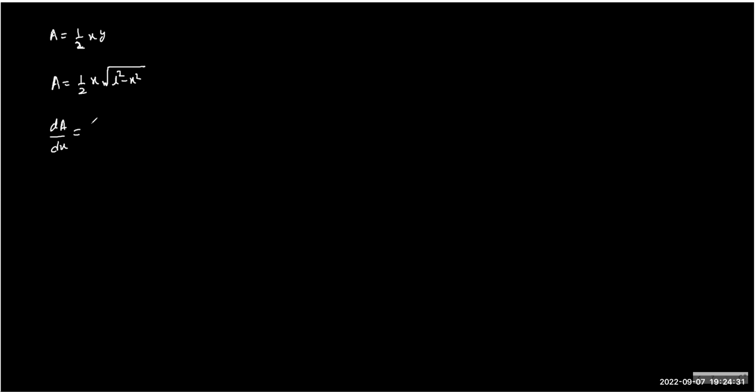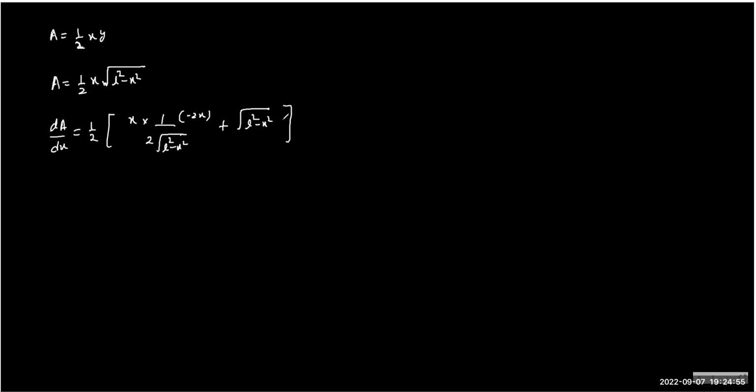So dA by dx is how much if you differentiate the first term into differentiation of second term, which will be 1 upon twice of root of L square minus x square into what is inside the root, which is minus 2x, plus the square root of L square minus x square into dx by dx, which is 1.